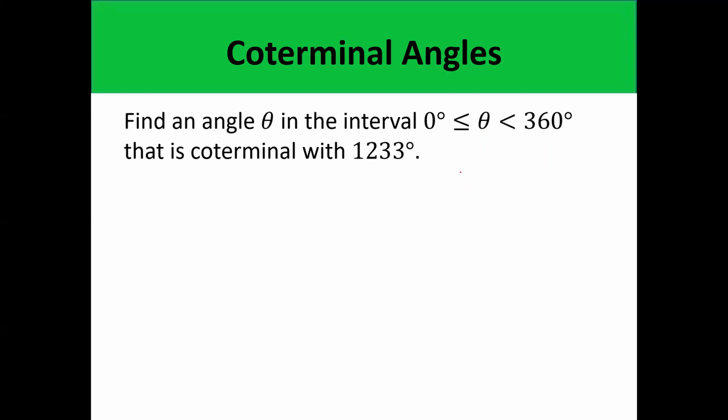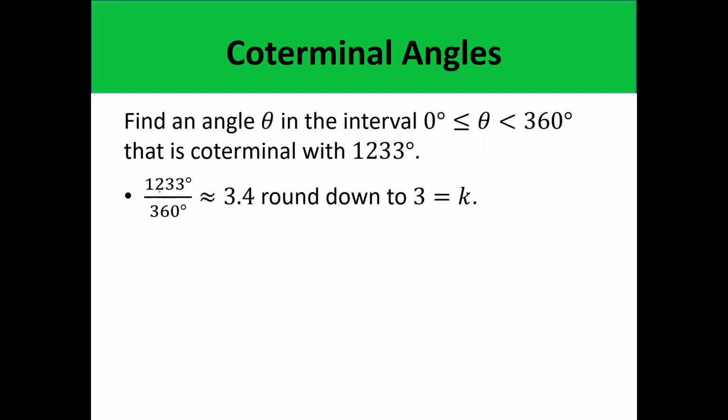But here, we can actually divide 1,233 by 360 degrees, and that's going to be approximately 3.4. So we're going to round that down to k equals 3. So this means that we're going to subtract 3 times 360 degrees from 1,233 degrees.